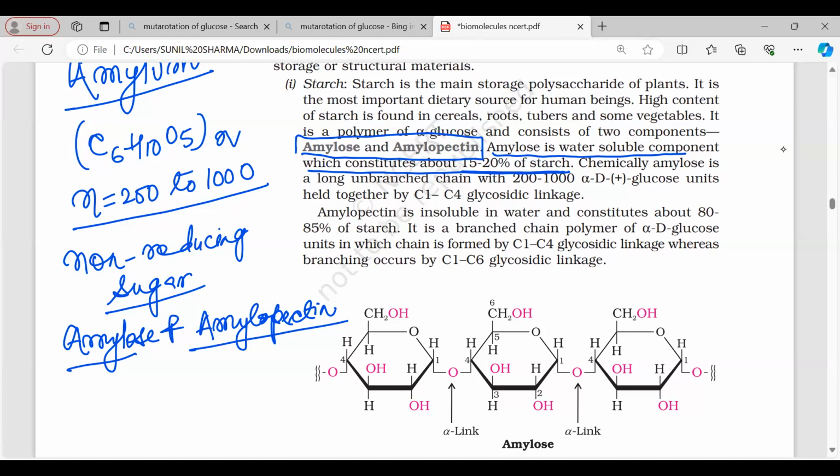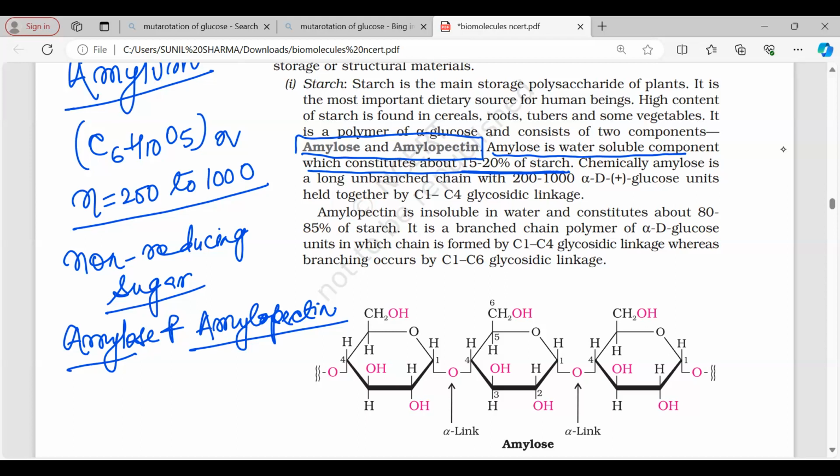Amylose is the water-soluble component. On the other hand, amylopectin is the water-insoluble component and constitutes about 80 to 85%.